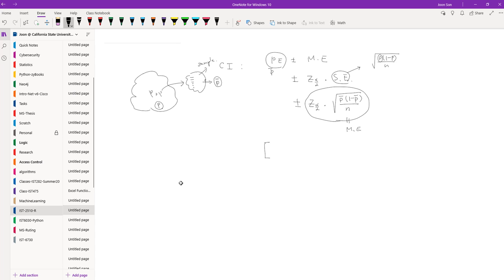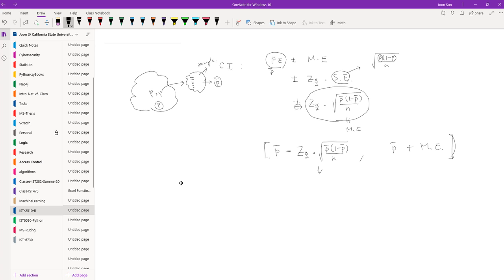So the lower limit is p bar minus the margin of error, which is z critical multiplied by the square root of p bar times 1 minus p bar over n. And the upper limit is p bar plus the margin of error.